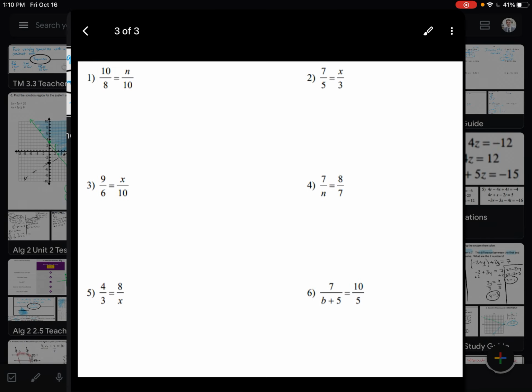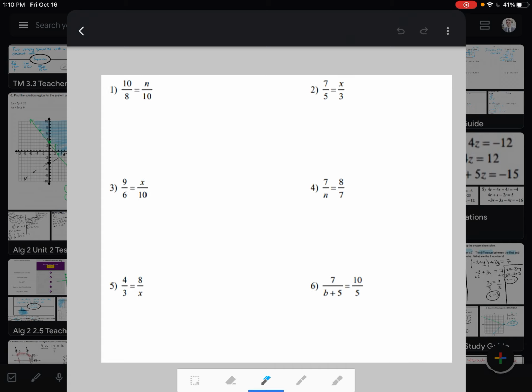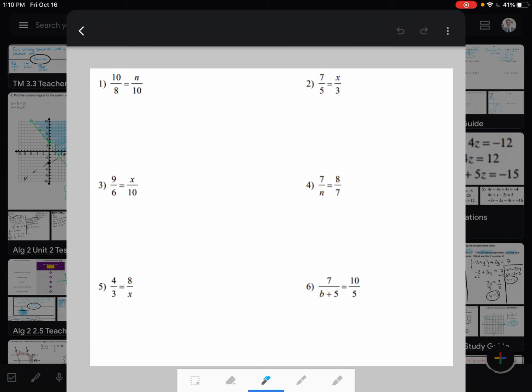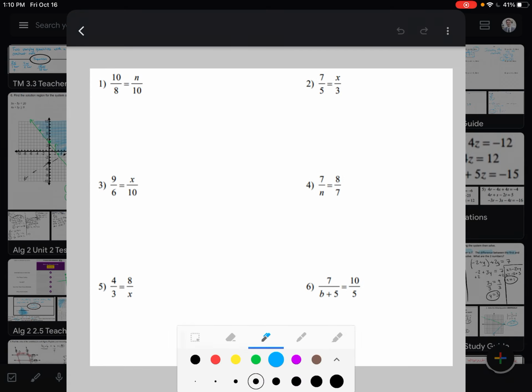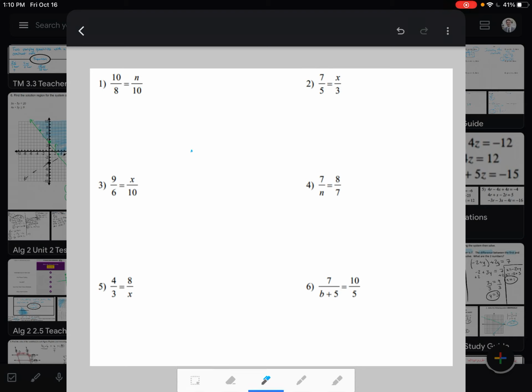How we're going to apply that today, and how you'll see this come up most frequently in math class, is actually going through and solving some of these questions. We are trying to solve for our constant, and when we solve for that constant, just like we did with the miles per hour question, we want to make sure it's the same thing. So 10 divided by 8, we want that to be the same answer as whatever we solve for n divided by 10.